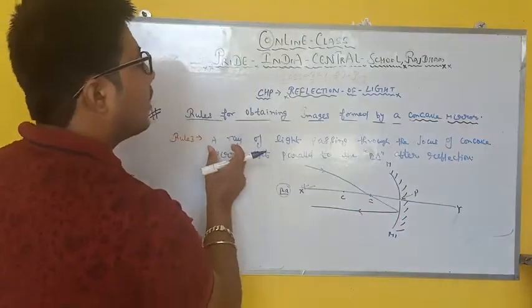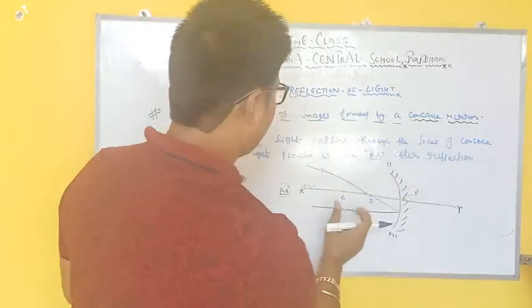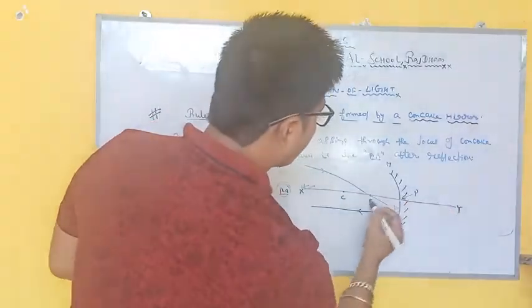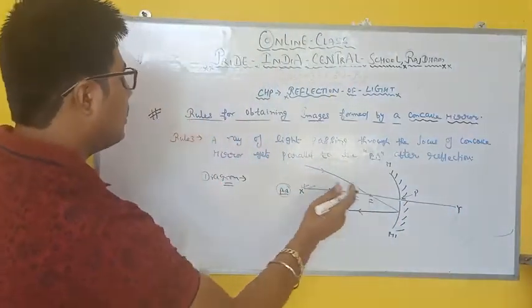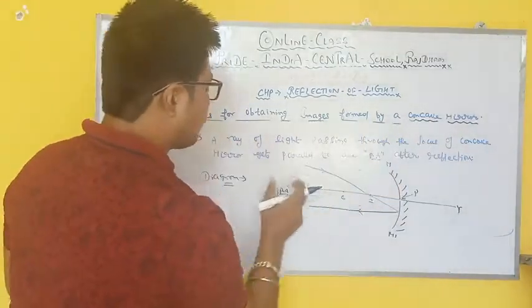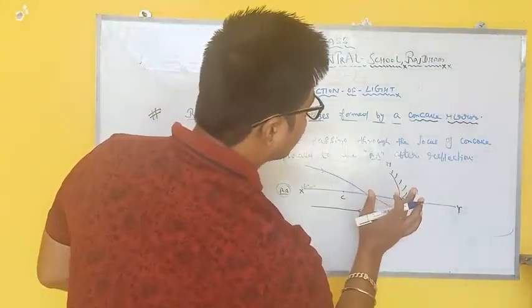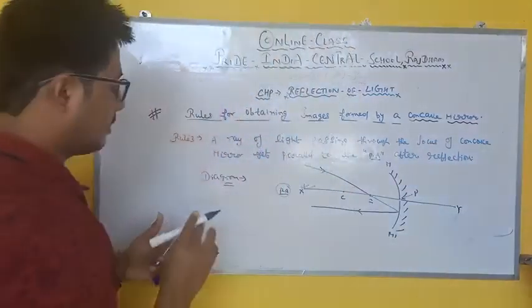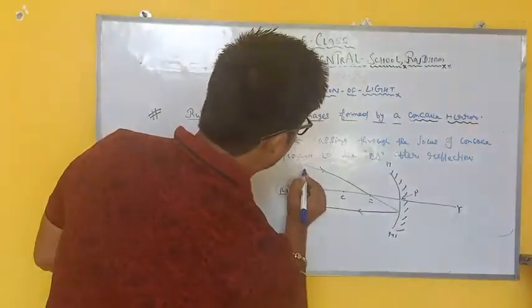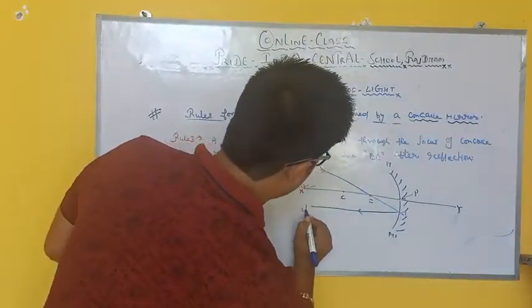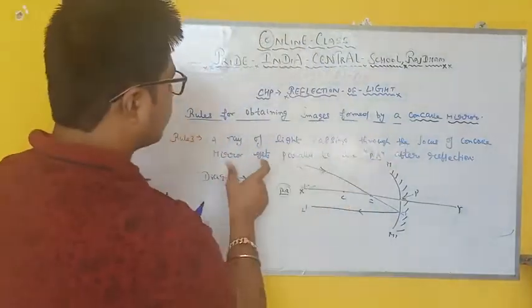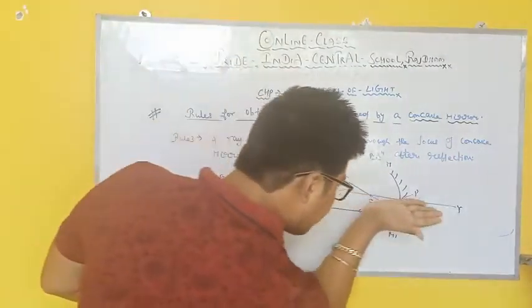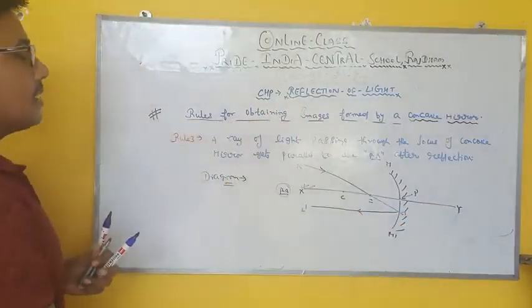What does it say? A ray of light passing through the focus of the concave mirror. This is the concave mirror, M dash. This is the pole, this is the focus, and this is the center of curvature. A ray of light passing through the focus, say K dash, L dash, gets parallel to the principal axis after reflection.